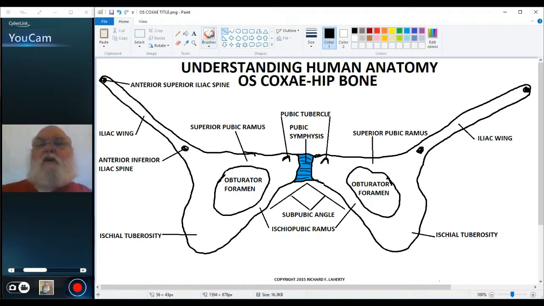Now, one more structure I want to show here is the inguinal ligament. And the inguinal ligament attaches to the anterior superior iliac spine and to the pubic tubercle. Let me draw it in on both sides. Okay. This is the inguinal ligament.